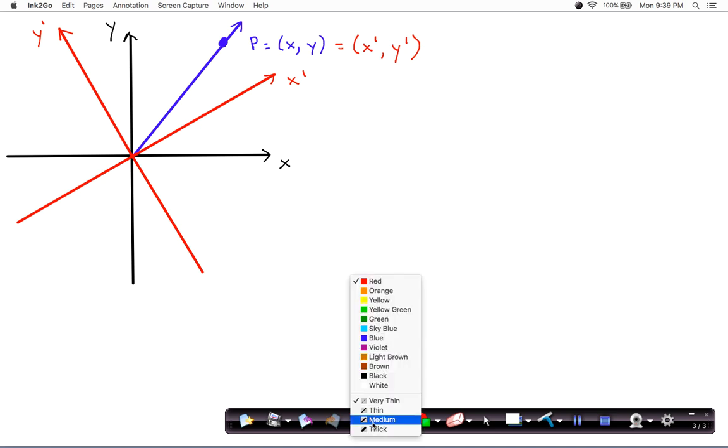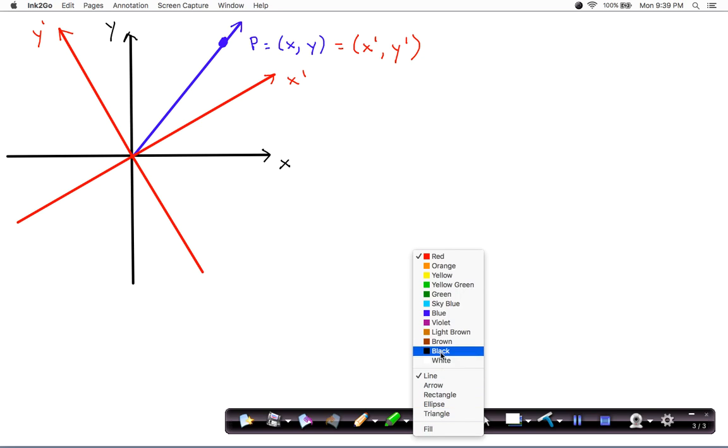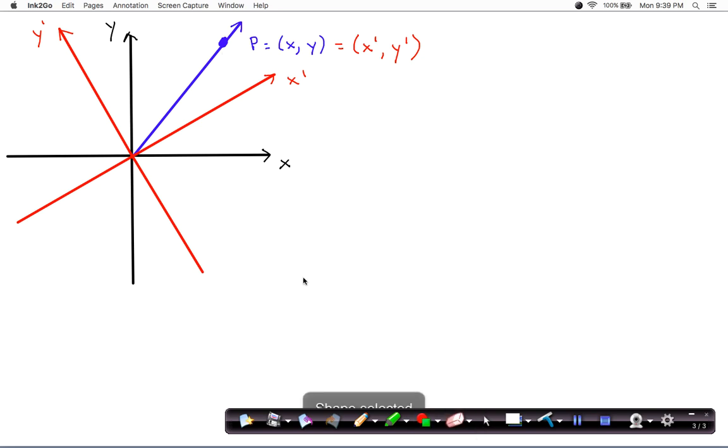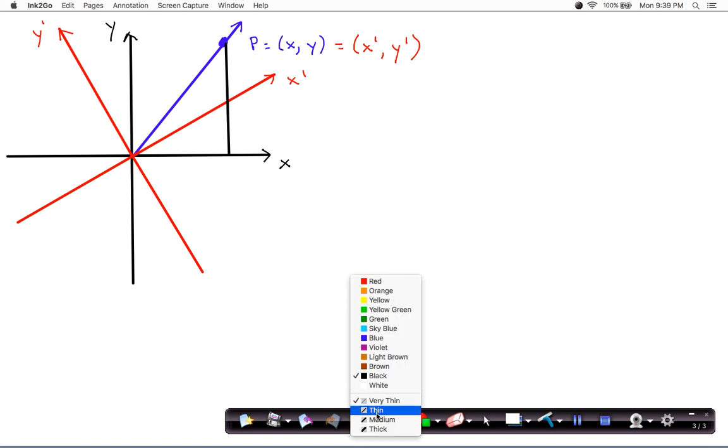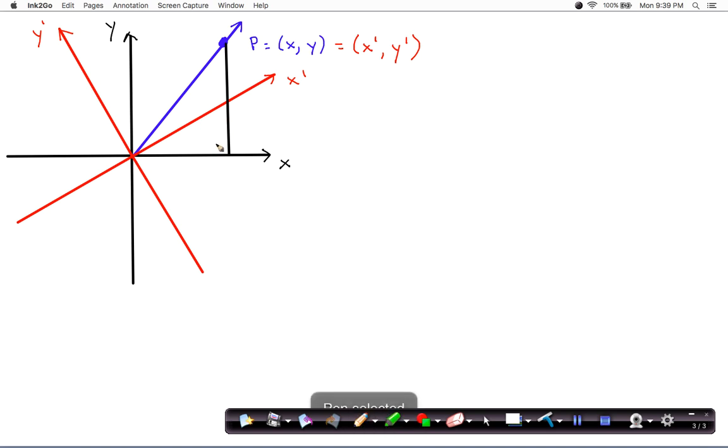Let's draw in a few more things. Let me drop this line from that point, straight down, and that is a right angle right here.